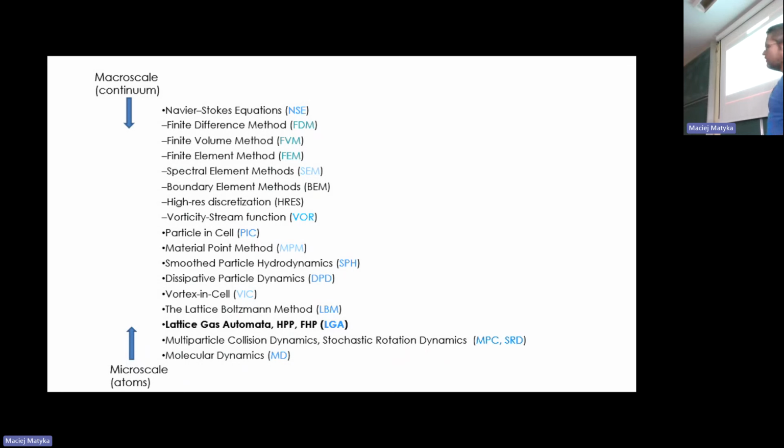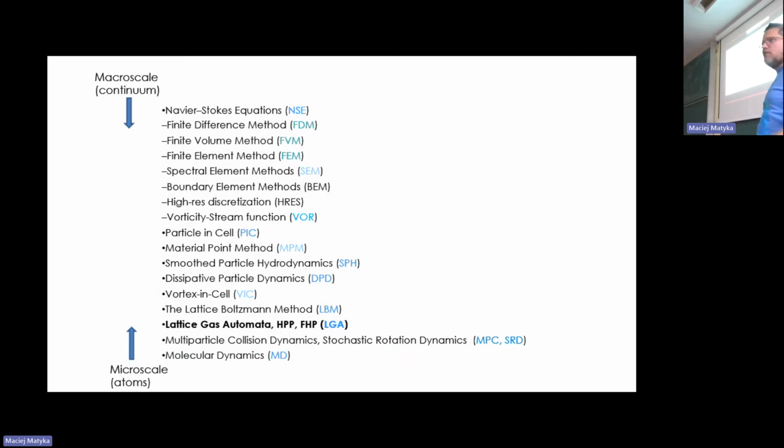Finite volume is a similar approach, but here the equation is presented in the integral form, not in the derivative form. Finite element method, similarly, you have to put special functions that describe your solution, and so on and so on. I will not go directly.